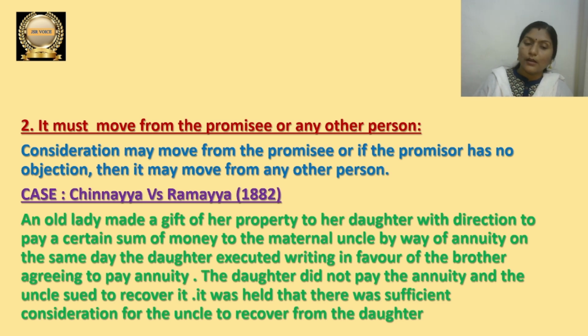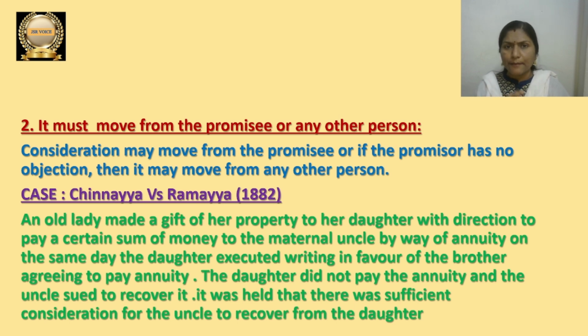So here property is transferred from the old lady to the daughter, but what the old lady is saying is that the daughter has to pay a certain sum of money every month to the maternal uncle. He is the brother of the old lady, and she is directing her daughter to pay him a certain sum of money every month.